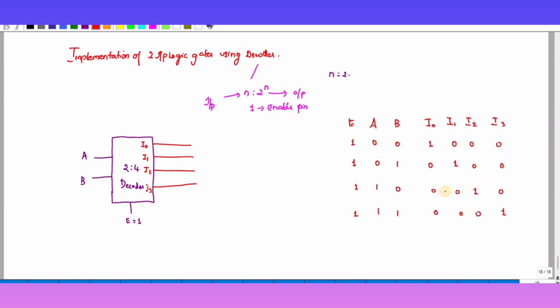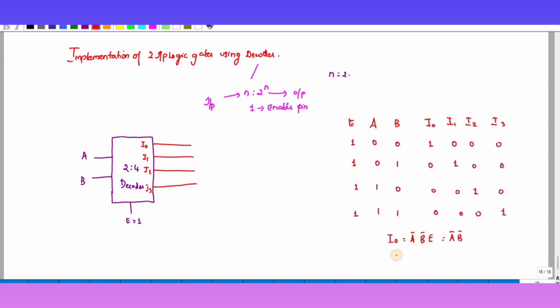So what is the value of I0 now? I0 is 1 for the value A bar B bar E. Since the E value is always 1, I0 is equal to A bar B bar.